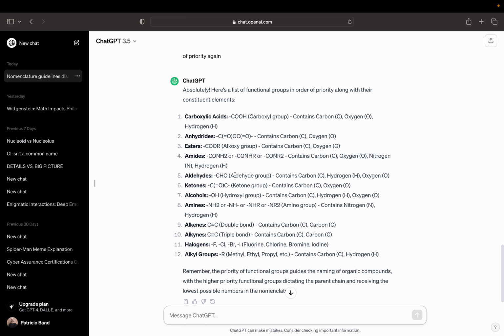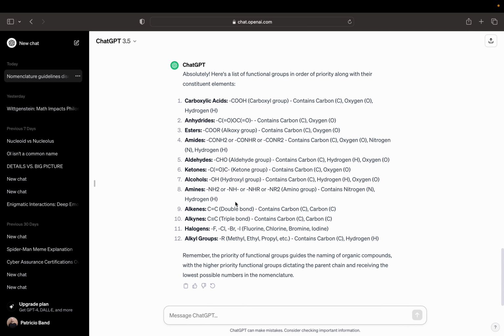And then we have aldehydes, which are basically the double bond O with an H. And then ketones, and then alcohols, and then amines we have here, and double bond, triple bond, halogens, which are fluorine, chlorine, bromine, iodine, and then we have methyl, ethyl, propyl.